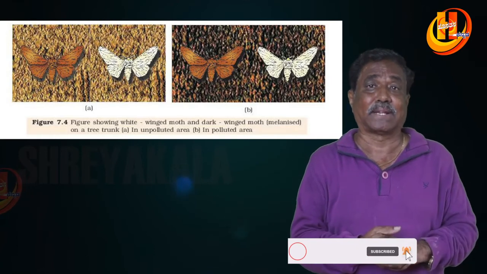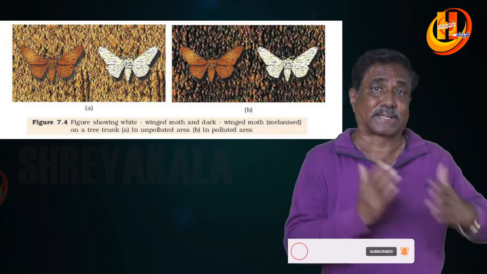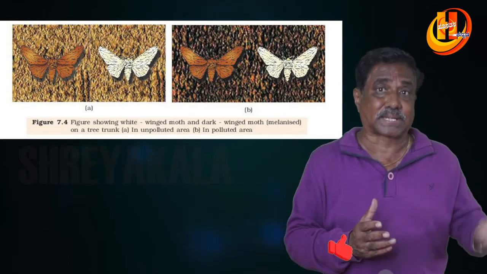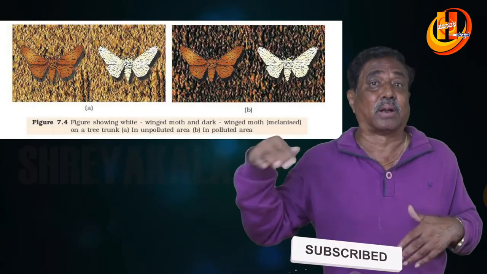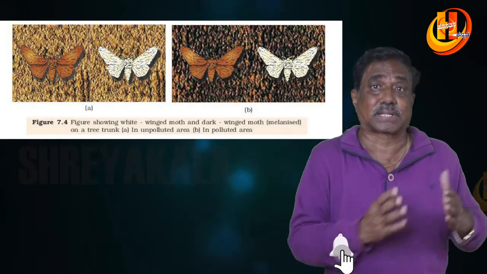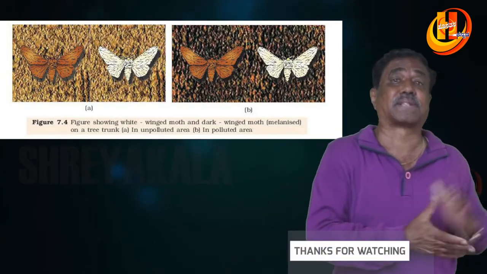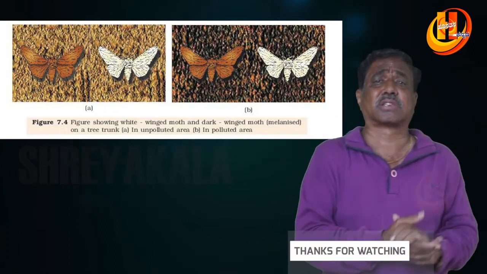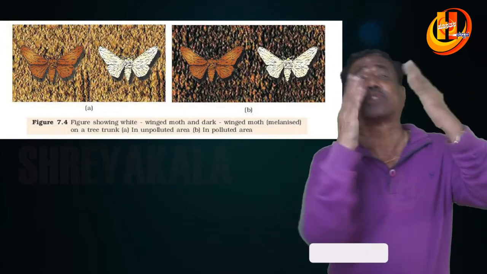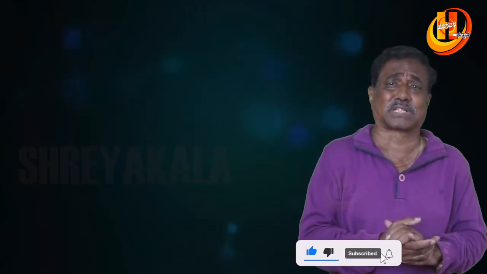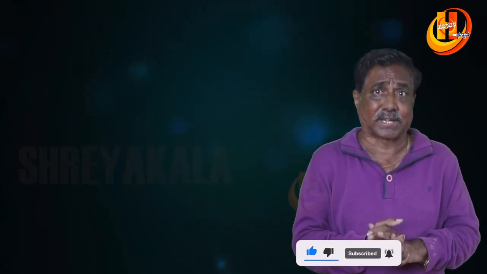One more example given: continuous spraying of pesticides, DDT, etc. These insects or pests developed some resistance to the pesticides. Similarly, continuous spraying of DDT produced some mutant mosquitoes on which DDT has no effect at all. These are all examples of natural selection.